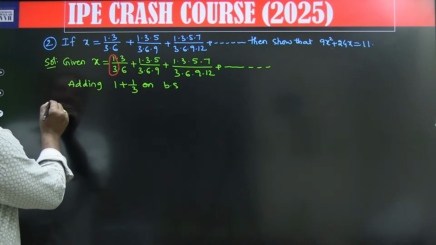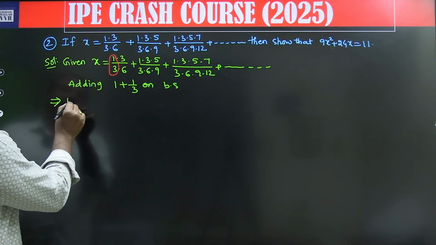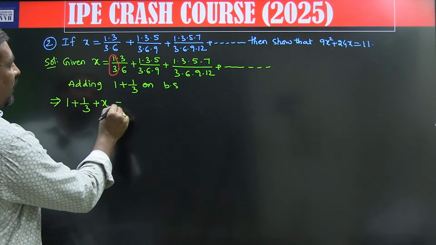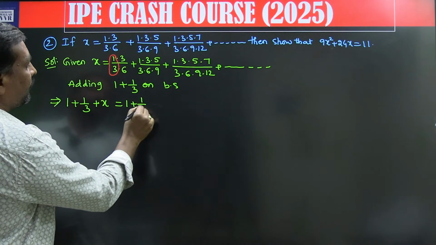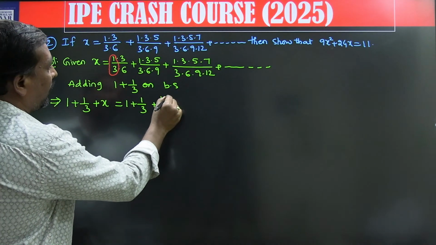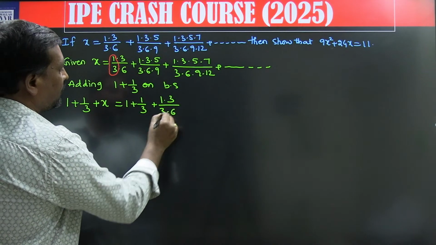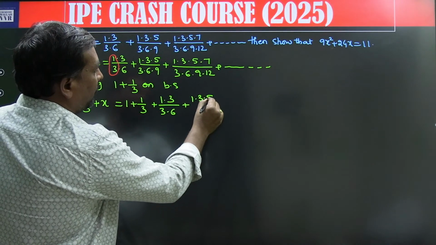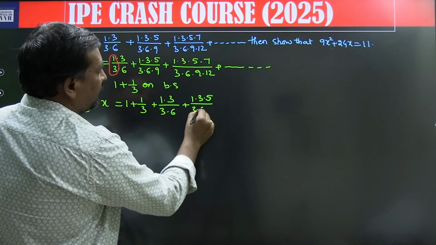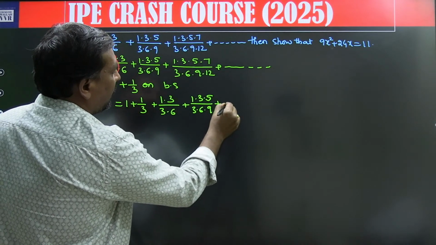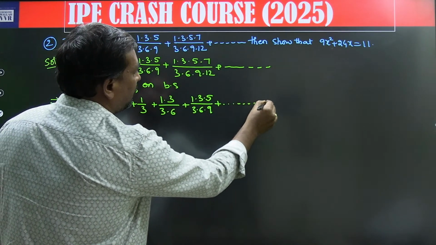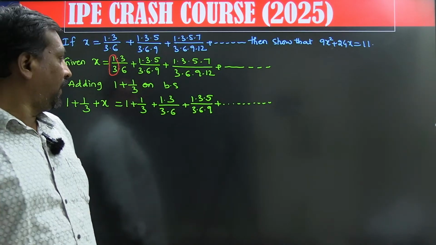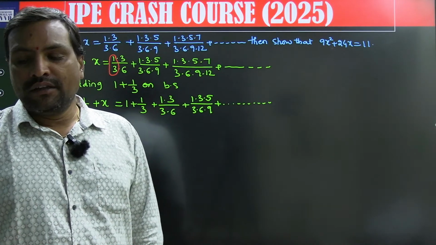So here it is: 1 + 1/3 + x = 1 + 1/3 + 1·3/(3·6) + 1·3·5/(3·6·9) + and so on.